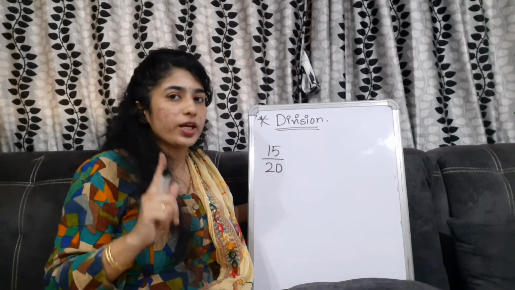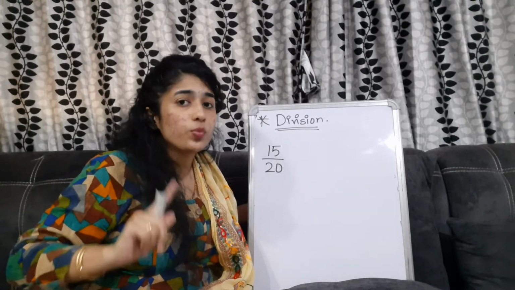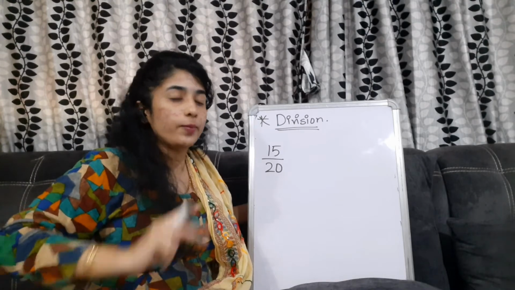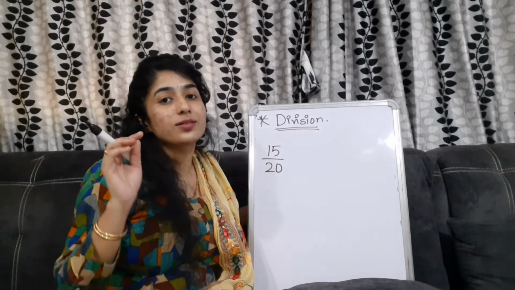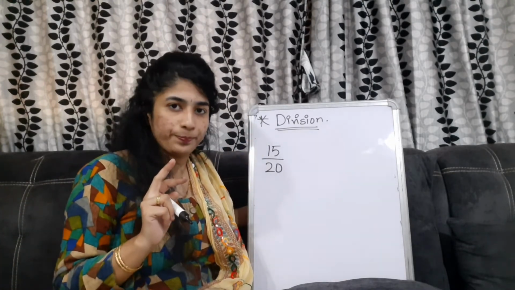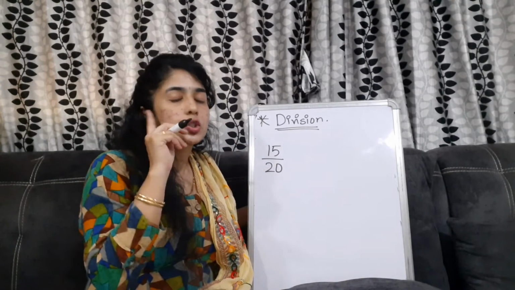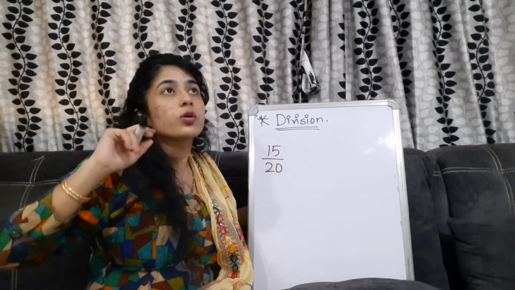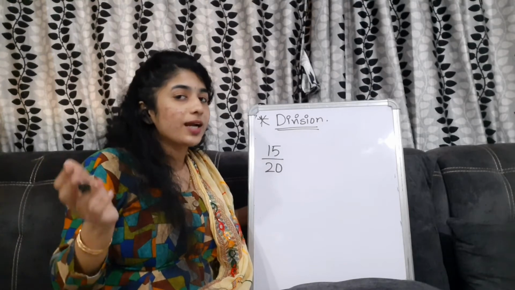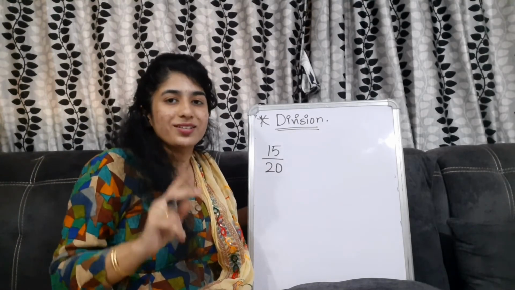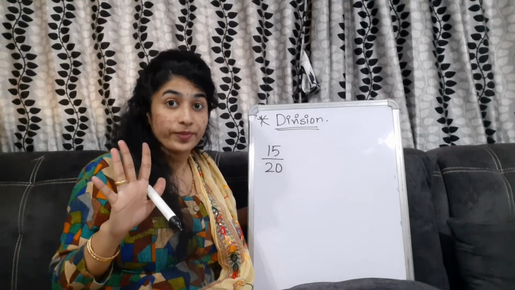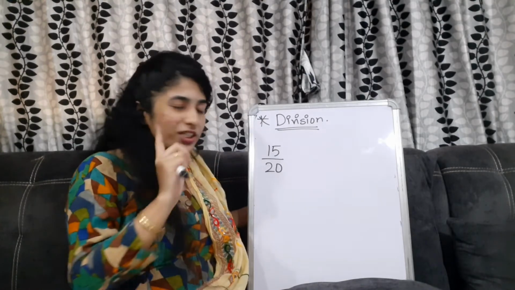For that, you will check both the numerator and denominator. You will check in which table both the numbers are coming, both 15 and 20. So you will first go by 1, 2, 3, 4. So you find that both the numbers are going in the table of 5. Right? In 5's table, both the numbers are going.